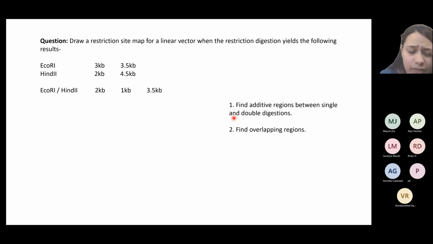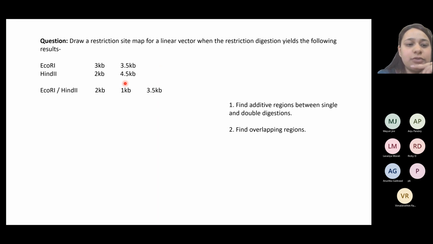When the double digestion is occurring, then it is yielding particular regions, right? The sum of these regions should be equal to regions that are obtained individually by single digestion, right?